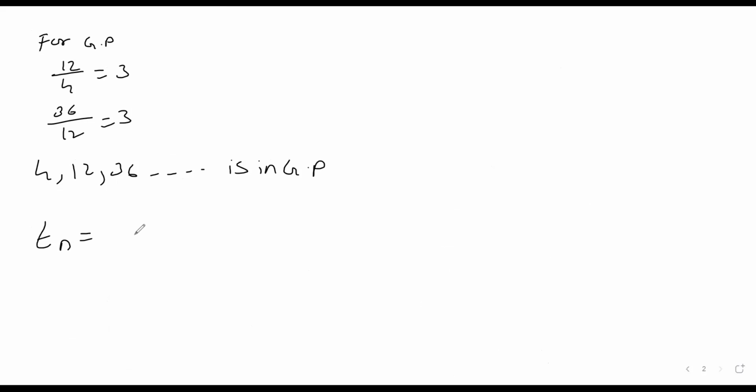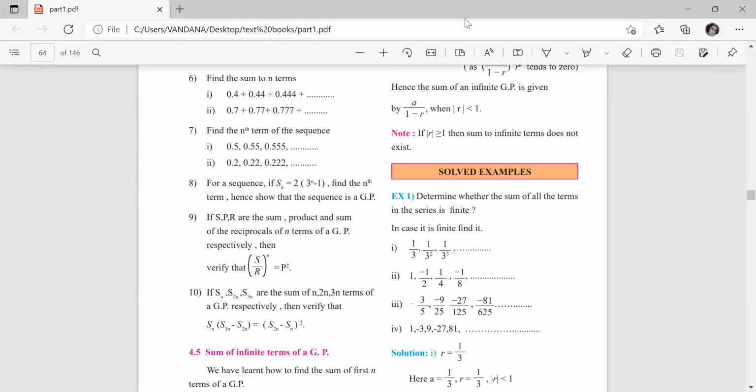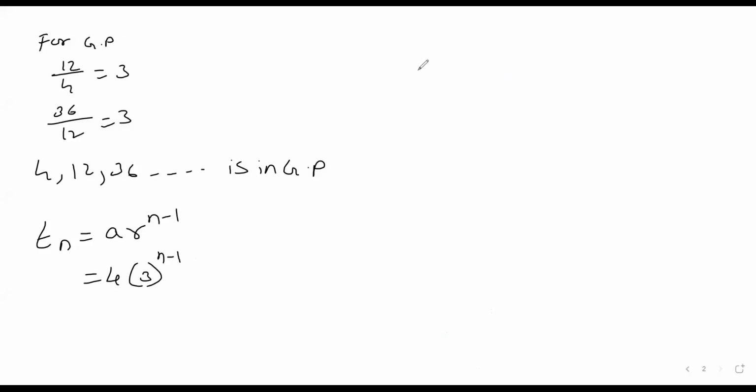So Tn will be a r raised to n minus 1, that is 4 into 3 raised to n minus 1. This is your Tn. The question was to find Tn, the nth term, and also show that the sequence is in GP. So yes, we have found that it is in GP, and also we have found the nth term.